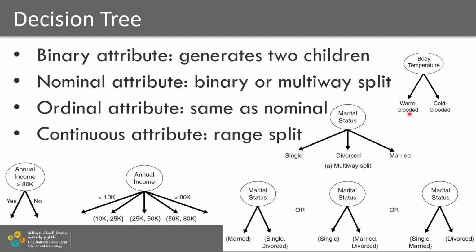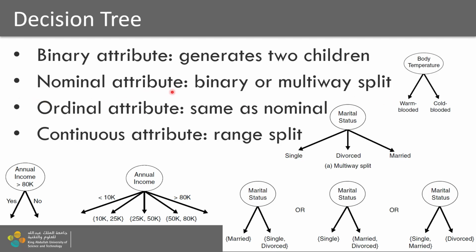There was no other option. So this gives mutually exclusive and exhaustive choices of children from the body temperature node. That is useful, and therefore binary attributes are very useful for decision trees in general.